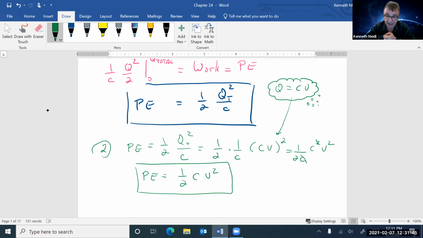You've seen kinetic energies that look like 1/2 mv squared. You've seen energy stored in a spring that looks like 1/2 kx squared. And now energy stored in a capacitor is 1/2 CV squared. This is an interesting mathematical form that seems like nature really likes.